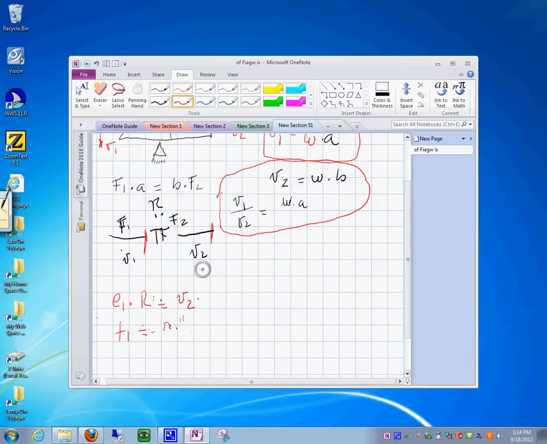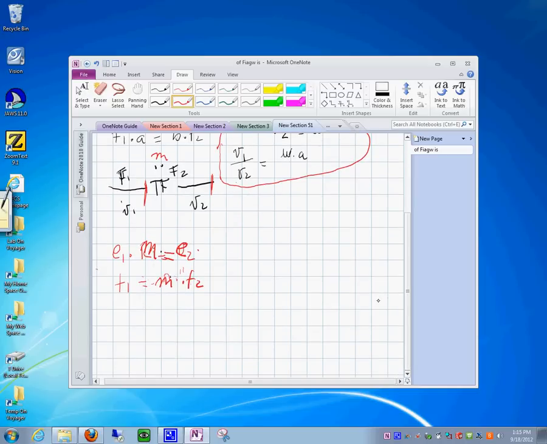So if this is the case, you write the equations as e1 times, I see what you were saying. We should put maybe another letter here. Let's just put the letter M. How is that? So e1 times M is equal to e2, and f1 is equal to M times f2.